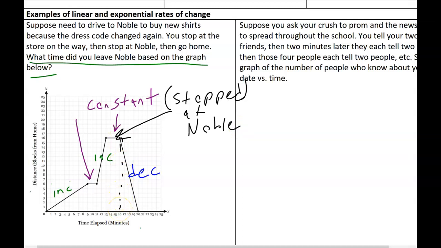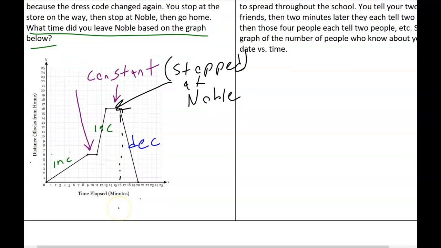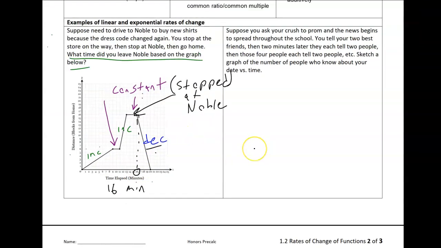Well, it's this time, and it looks like 16 minutes, where we go from a constant distance from home, so not moving, to a decreasing distance of home. So the answer here would be 16 minutes. After you leave home, you start to go home, because we go from a constant rate of change to a decreasing rate of change. And then here we have an exponential function.